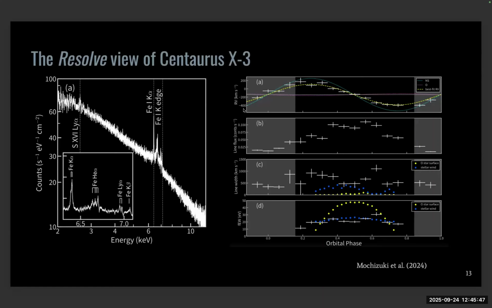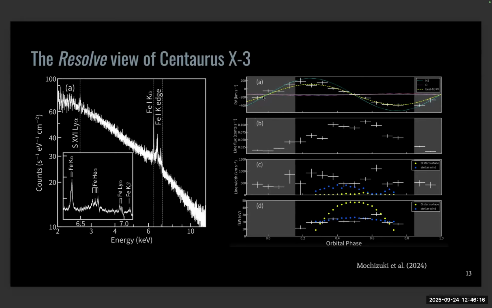So again, we're able to measure the line radial velocity shifts here of the neutral line, and this is shown here on the right, and compare to the different velocity curves that you would get from the motion of the compact object and the O star.